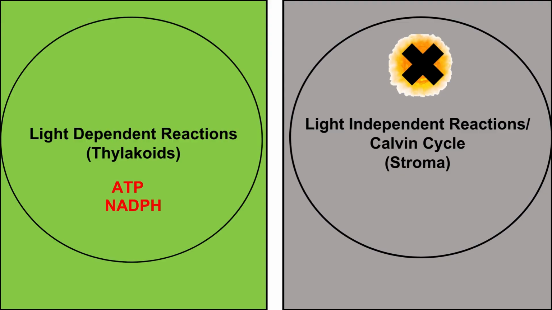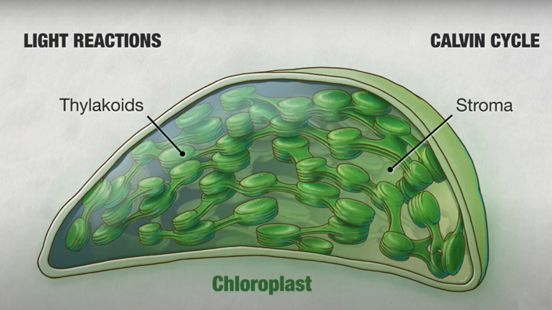Since these energy carriers are only generated when light is available, the Calvin cycle typically occurs during the day. This is why light-independent reaction is a more accurate term, emphasizing that while it doesn't use light directly, it is still closely tied to the light-dependent reaction. Since we already discussed the light-dependent reaction yesterday, we will now focus on the Calvin cycle itself.